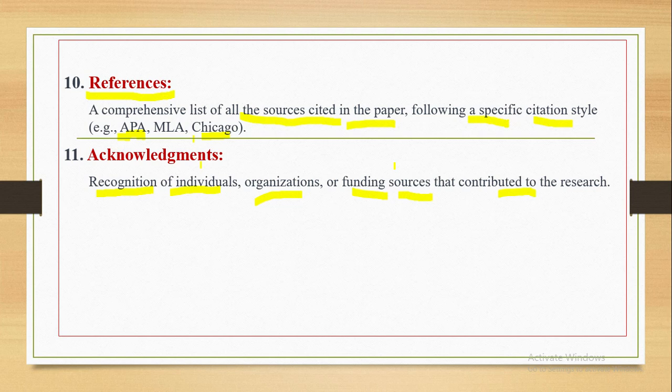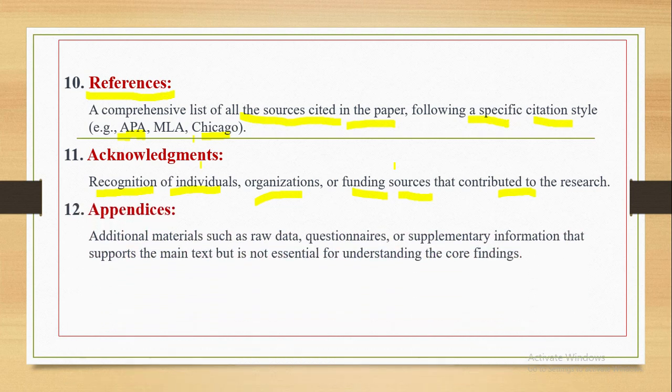You should acknowledge them. The last one is the appendix, additional material such as raw data, questionnaires, or supplementary information that supports the main text, but is not essential for understanding the core findings.